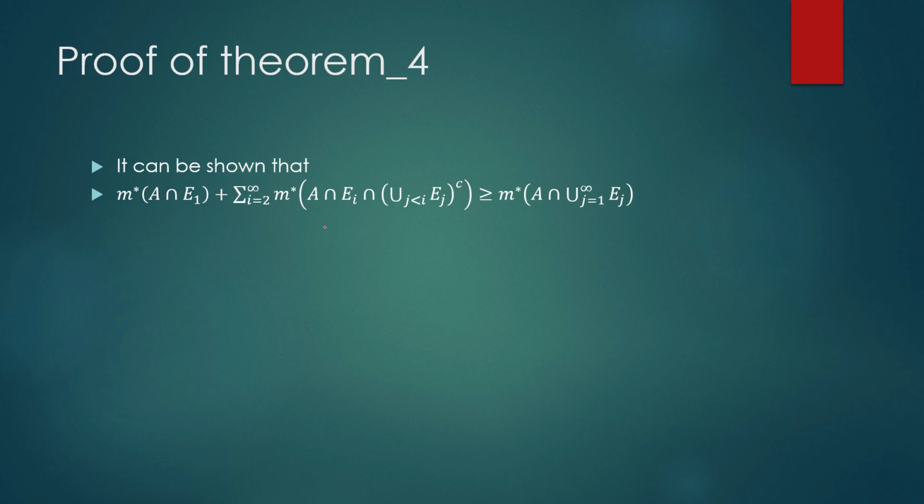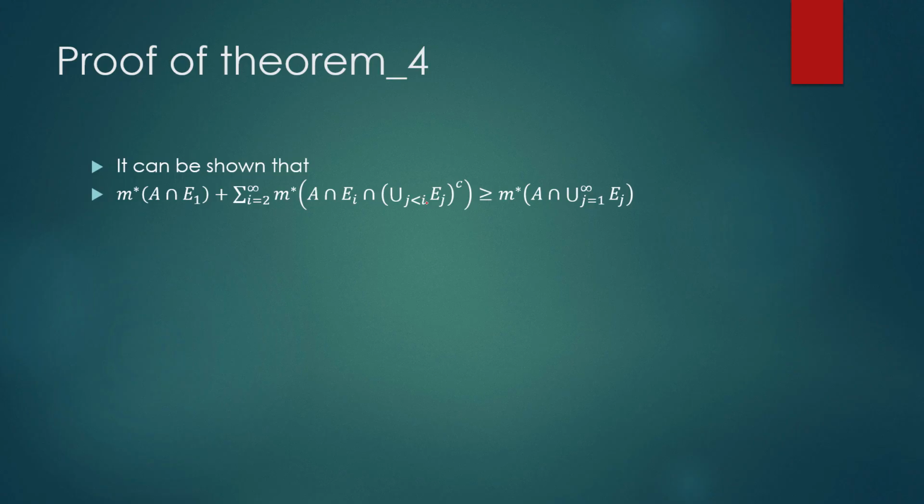Alright, so let us see, when n is equal to 2, so what do you get? When n is equal to 2, instead of infinity here, you get I running from 2 to 2. Alright, so then what do you get?